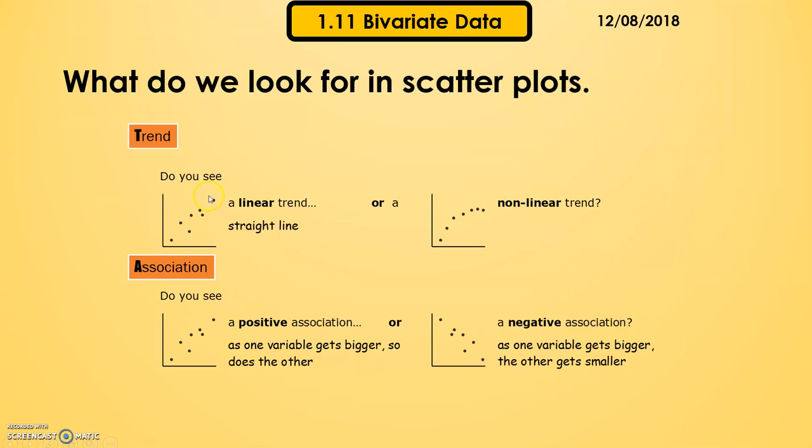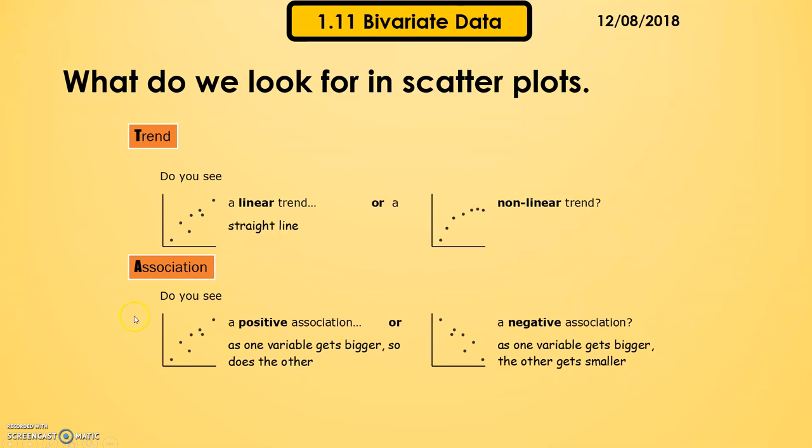Generally the points follow a straight line, so we say that that's a linear trend. This one here is still a trend, but you can see that it curves, that it's not a straight line, so it's a non-linear trend. It can sometimes be difficult to see the difference between them, and with most of these things that you do with analysis, as long as you've got clear reasoning, you can just about explain anything.